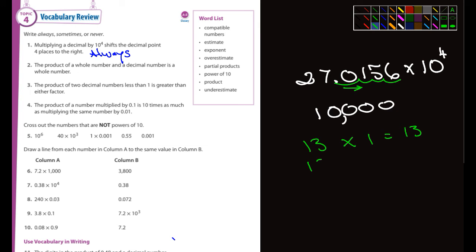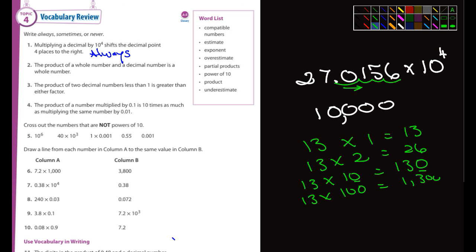But 13 multiplied by 2, what's it equal? 26. So it's getting larger. So 13 multiplied by 10, that's a lot larger. That's going to be 130. We just add a 0 when you're multiplying by 10. 13 multiplied by 100. All right. That's going to be 1,300.